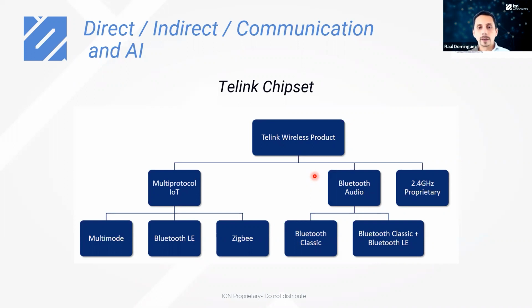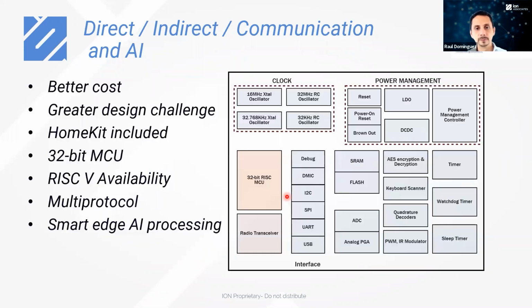With that, we can offer different options, from multimode protocol, Bluetooth, Zigbee, Bluetooth Classic, Bluetooth Low Energy, to Bluetooth Audio. So if you have the capabilities for this programming and want to save more, we can help you with these chips. Next, please.